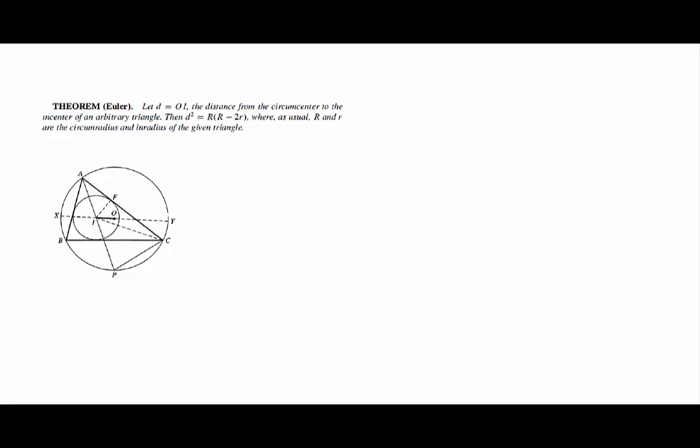So first, notice that XI is big R minus little d. This is the case because big R is equal to OX, and since XI is in fact OX minus OI, then we get XI is going to be R minus little d.